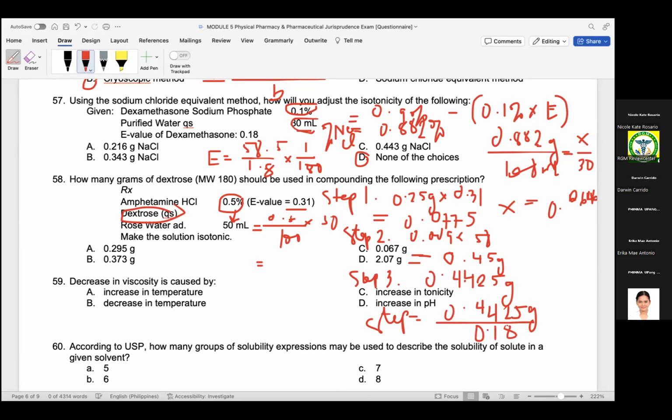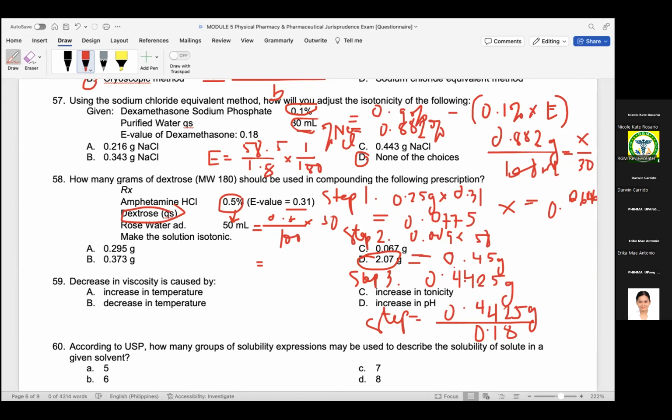So 0.4425 divided by 0.18, the correct answer is 2.45, which is not in the given. Ang closest is 2. Because there is rounding off in between calculations dito, kaya hindi talaga magmamatch yung actual dito sa choices.